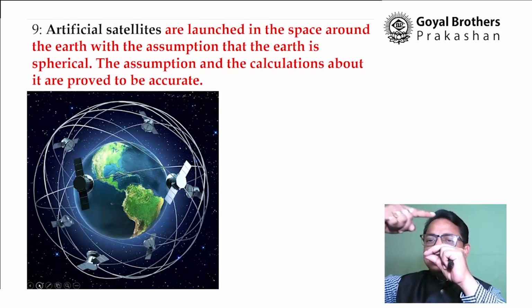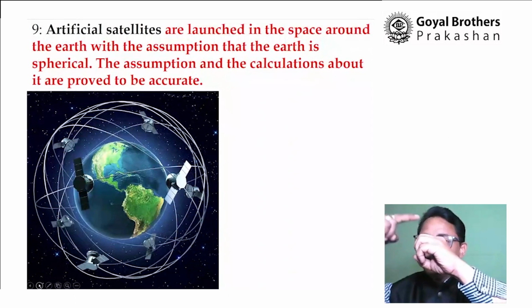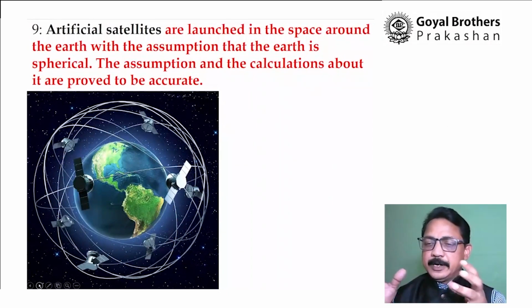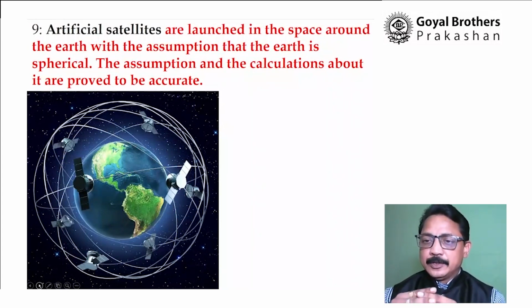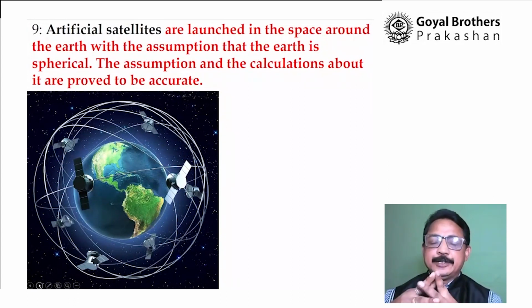So they carry out those calculations considering that the earth's shape is spherical and a satellite will be moving around it. Whatever calculations they carry out by considering the earth is spherical in shape, those calculations are absolutely accurate, which means the earth must be spherical in shape.